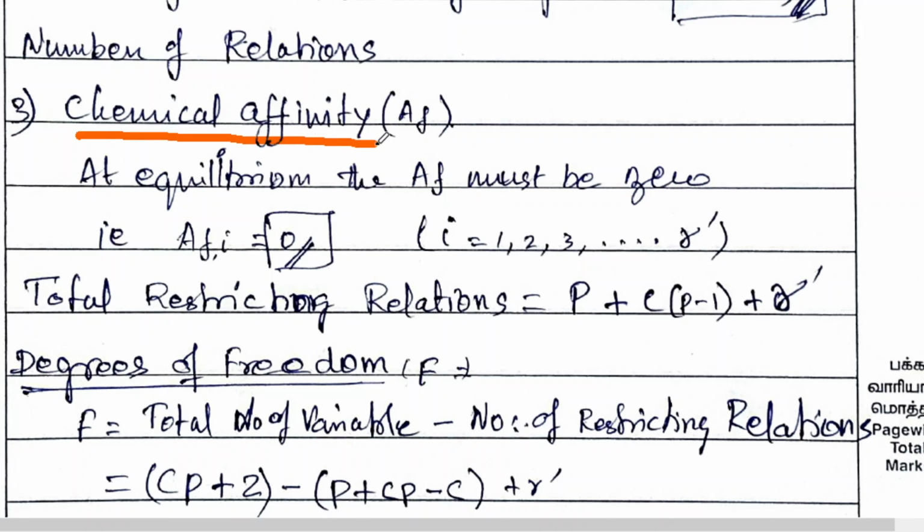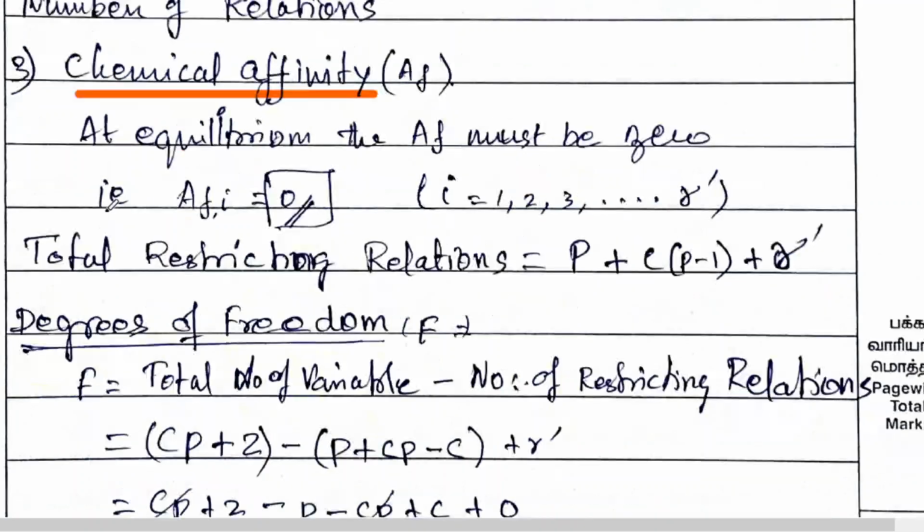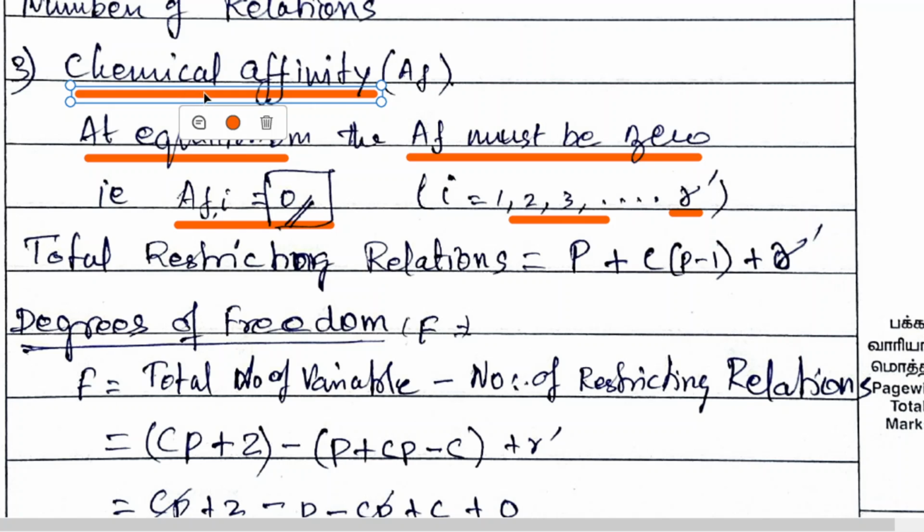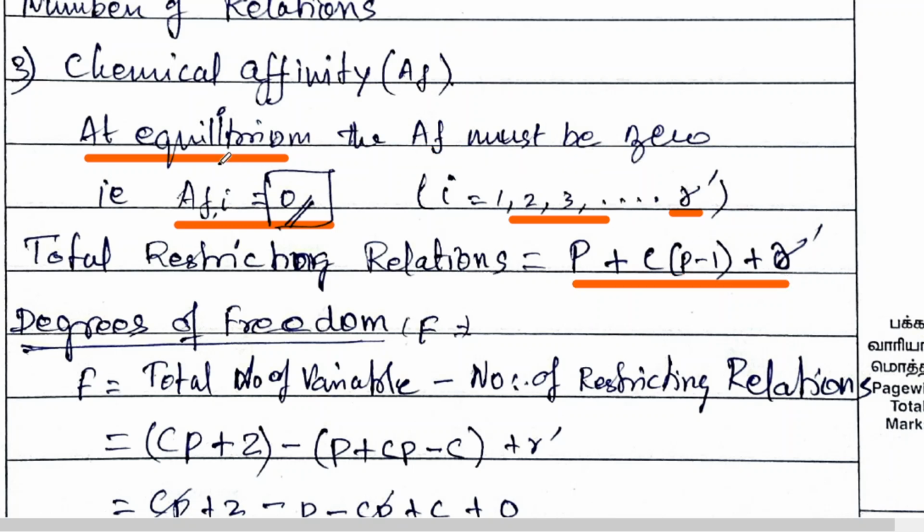As far as chemical affinity is concerned, at equilibrium the affinity must be zero, and that is A for component 1, for component 2, for component 3, etc., up to R dash, and that is equal to 0. And therefore we can calculate the total restricting relations: this is the restriction by mole fraction, this is the restriction by chemical potential, and this is the restriction by chemical affinity.